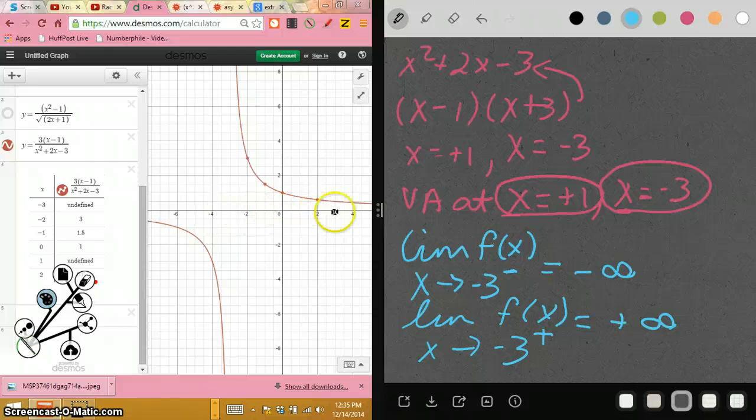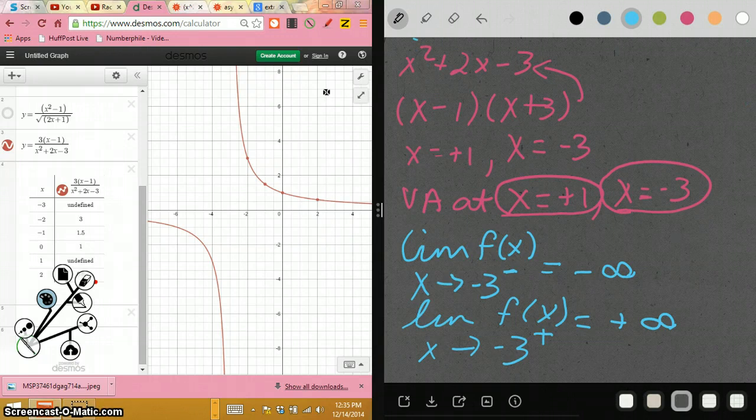There was that little rule where you look at the degree of the denominator and the degree of the numerator, and if the degree is smaller on the numerator than on the denominator, then the asymptote is going to be 0.